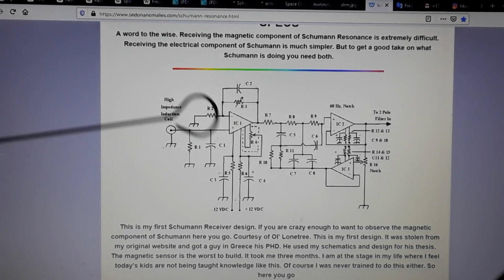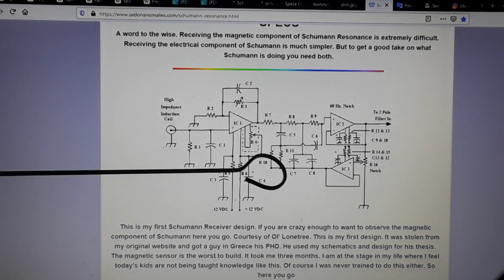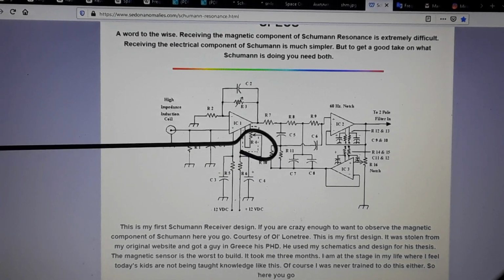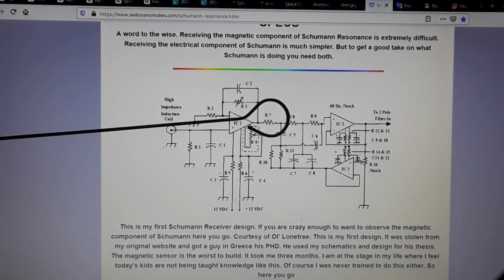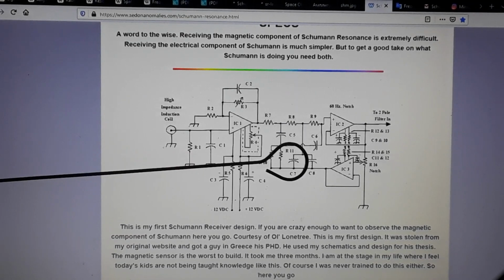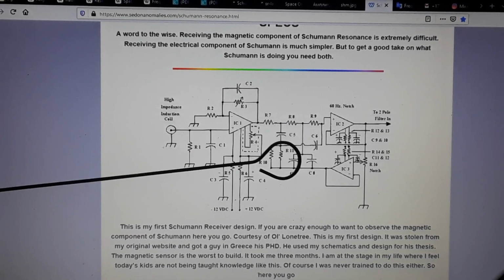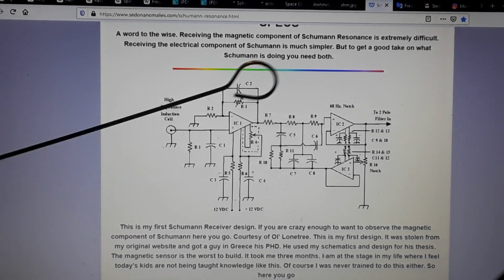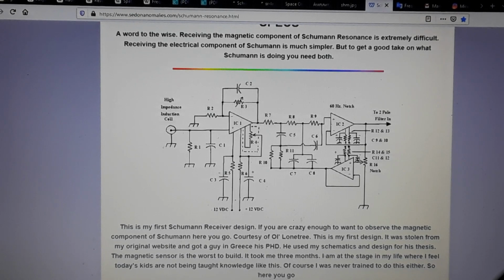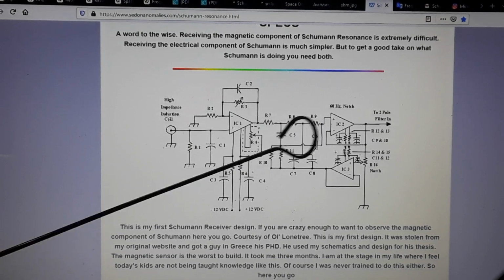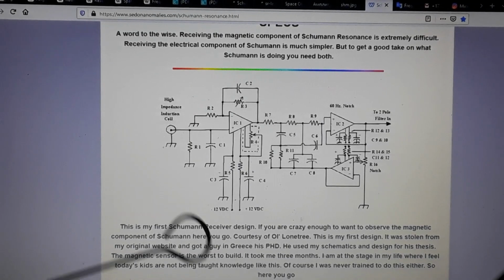Grounds, I think. Unknown, that just means an unknown bit of wire there. That's a switch. Resistor, could be a control of some type. And the ground, these are all ground.